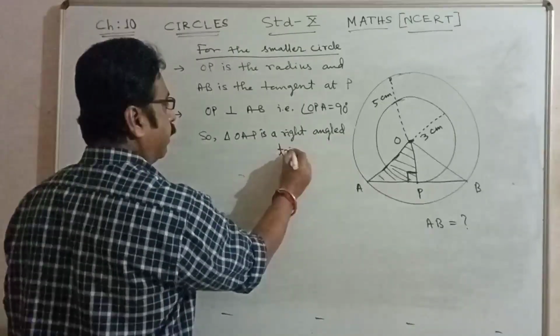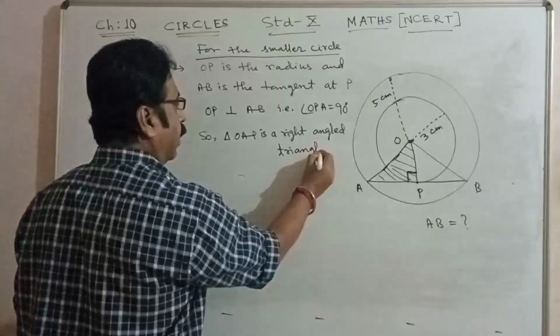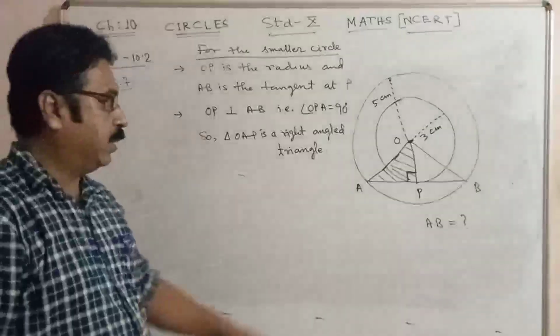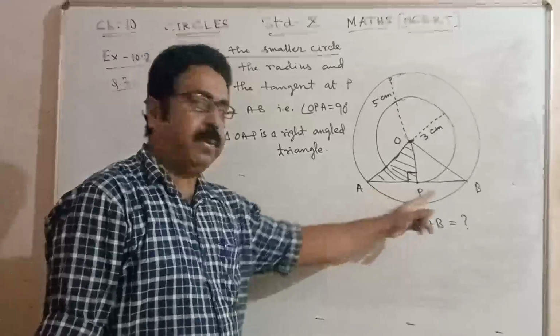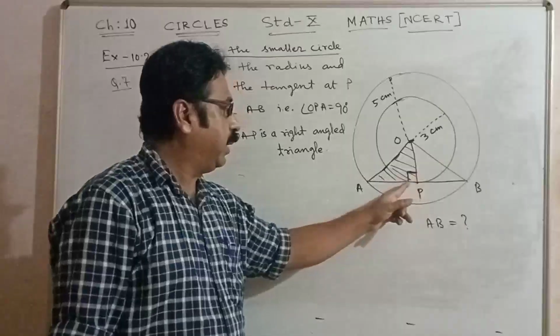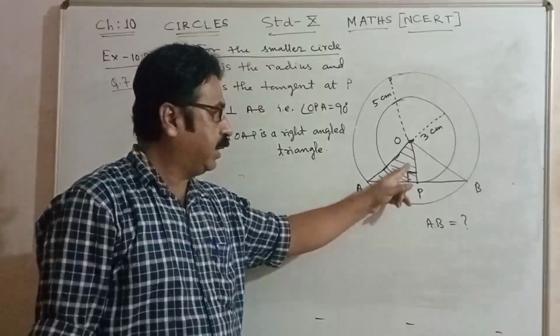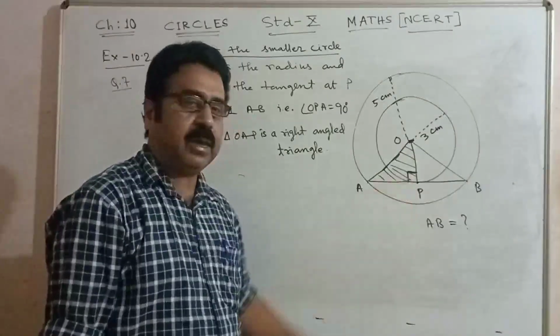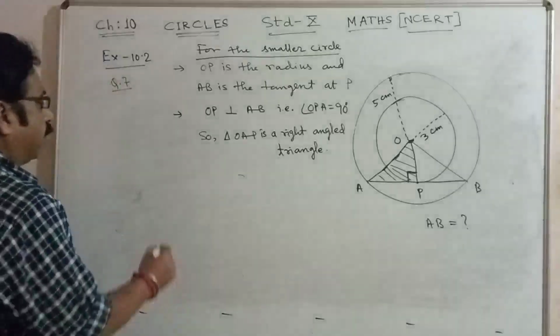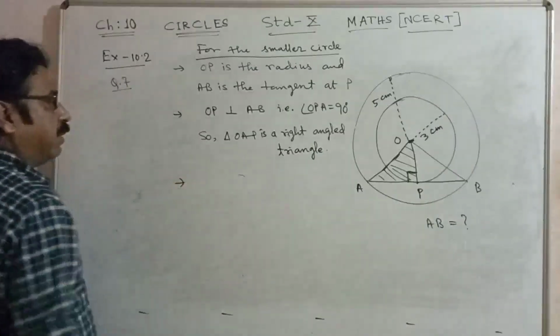Since OP is perpendicular to AB, this angle OPA is 90 degree, so triangle OAP is a right angled triangle. Then we can use Pythagoras theorem.